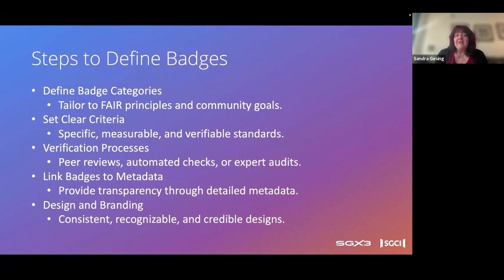We should probably also make the badges findable, FAIR, and link them to metadata so that there is transparency about what the process is. And we want to design and brand it so that it's consistent, can be recognized by the community, and is a credible design.